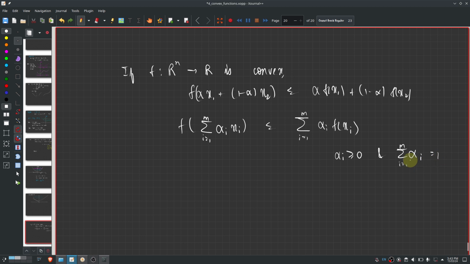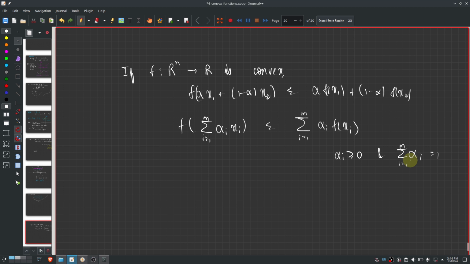But this has a particularly nice interpretation in probability. All of these alpha i's are non-negative and they sum to 1. So what does that remind you of? It's a probability mass function, right? So you can think of the alpha i's as a probability mass function, in which case what is summation of alpha i xi? It's just the expectation, right?